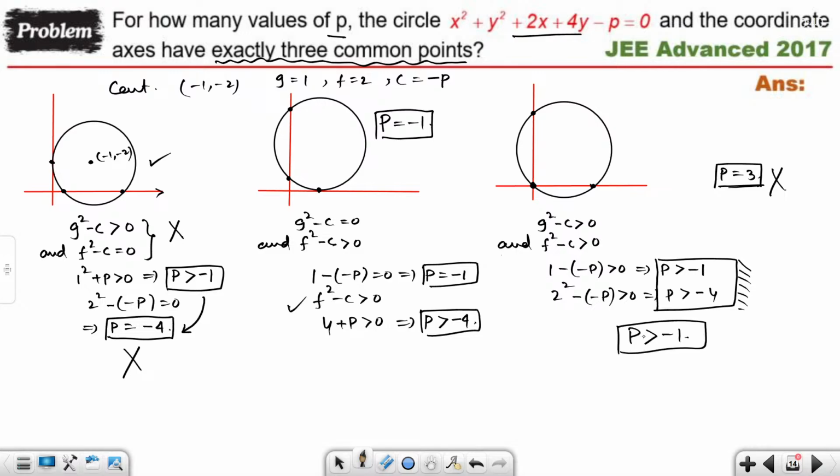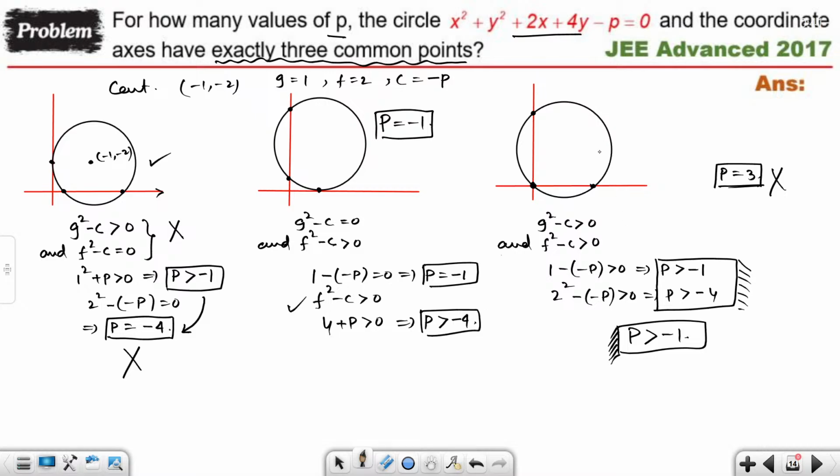Right? So now the question comes. People will be confused here also. Now he will say, sir, P is greater than minus 1, it means P can take infinite values. So are an infinite number of circles possible? That's the big question. P is greater than minus 1 means P can take infinite values, all more than minus 1.